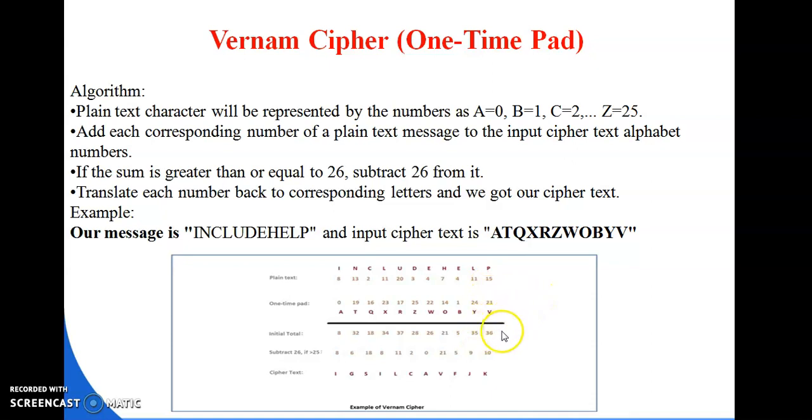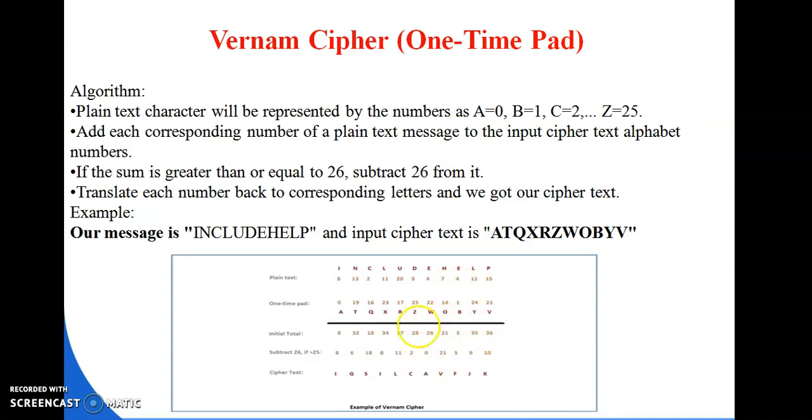So after the addition, the next step is that if the sum is greater than or equal to 26, subtract 26 from it. So look here, after the addition, 32 is greater than 26, 34 is greater than 26, 37 is also greater than 26, 28 is also greater than 26, 26 is equal to 26.